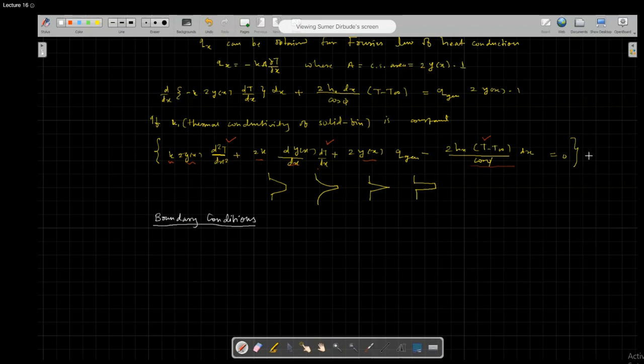If you see this equation A, since equation A is a second order ODE, we need two boundary conditions.